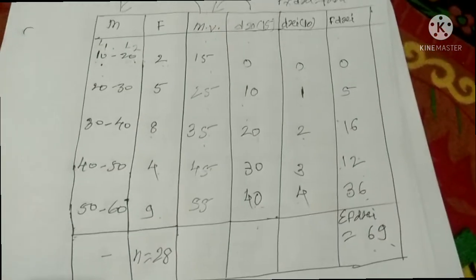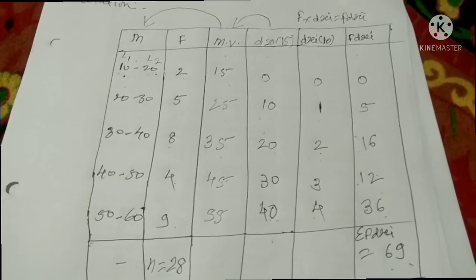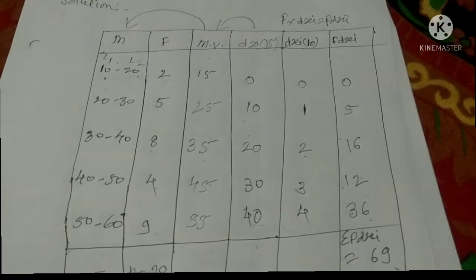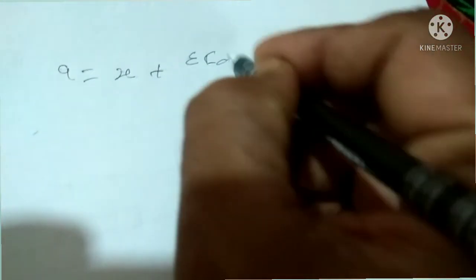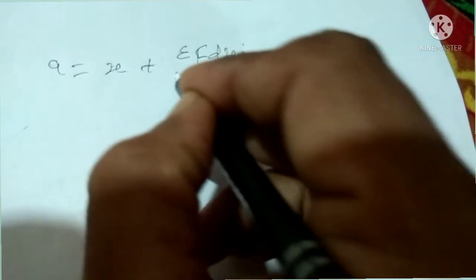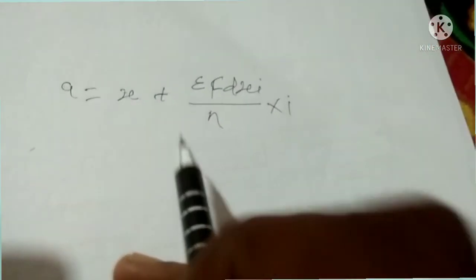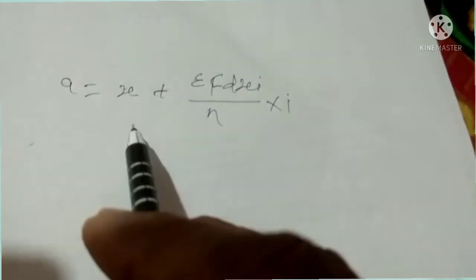The same formula we used in the last method, the indirect method formula of the discrete series, which is A equals x plus sigma f dxi upon n into I. This same formula we used in the discrete series also when calculating mean by the indirect method. So this formula should be applied here again.